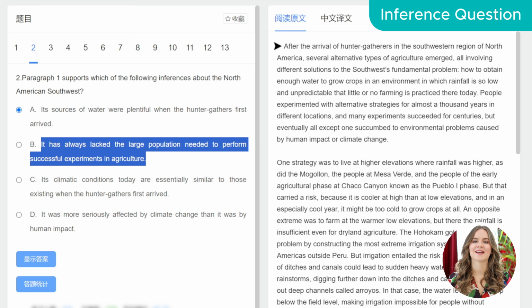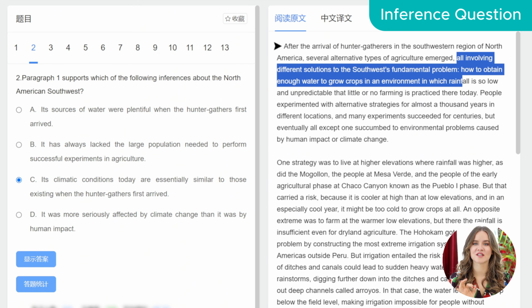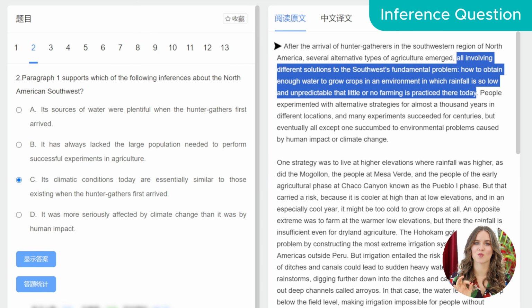B. It has always lacked the large population needed to perform successful experiments in agriculture. There is no mention of the population, so B is incorrect. C. Its climatic conditions today are essentially similar to those existing when the hunter-gatherers first arrived. Now, the paragraph says, all involving different solutions to the Southwest's fundamental problem.